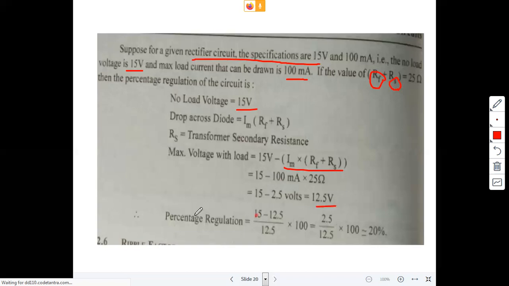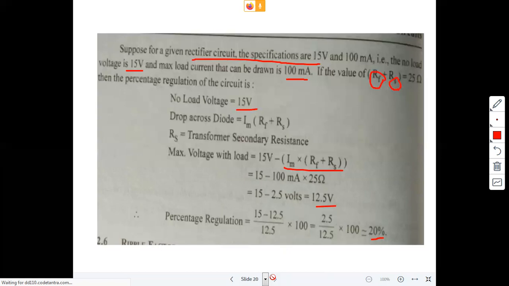Now percentage regulation is no load minus full load, by full load. 15 minus 12.5 by 12.5 is equal to 20%. This percentage regulation of the rectifier is very much greater than 0. For the ideal case it is 0, but here we are getting 20%.